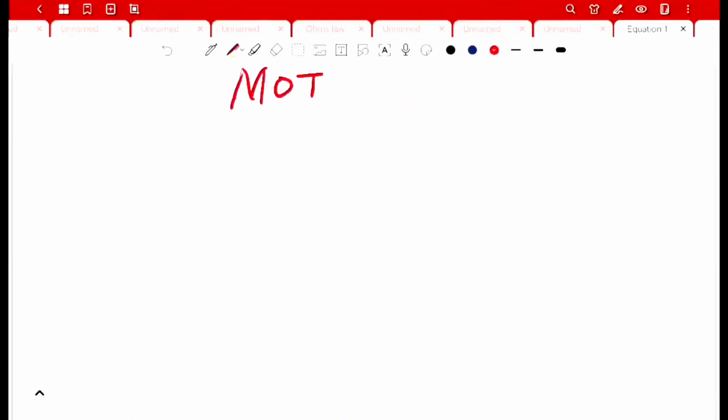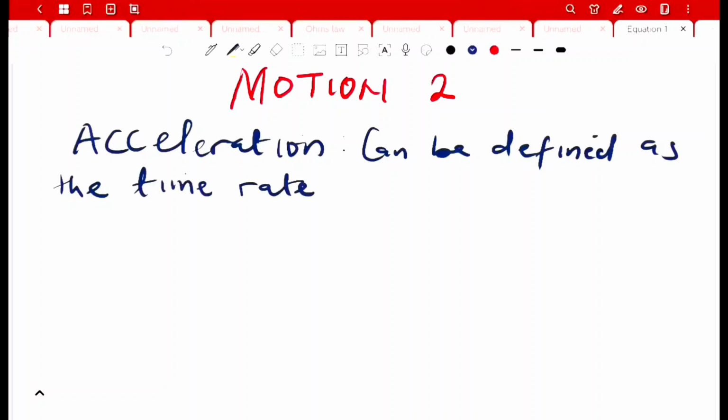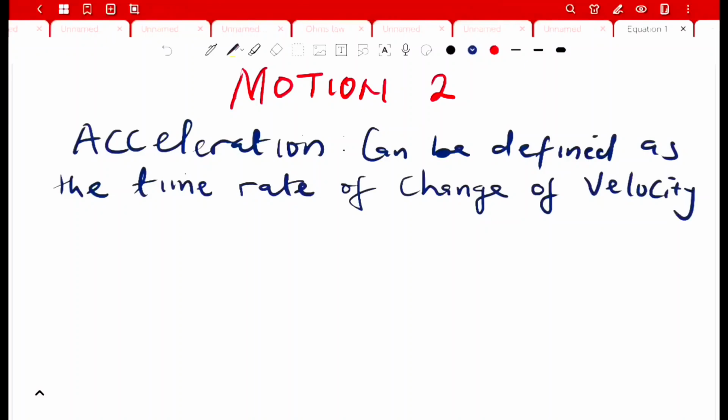Alright folks, let's begin with the first equation of motion. This is the foundation, the genesis. Acceleration, by definition, is the time rate of change of velocity. Three components: time, velocity, acceleration.